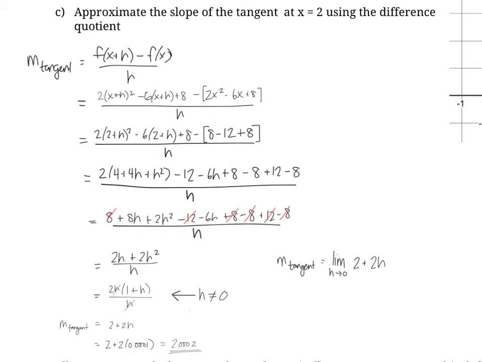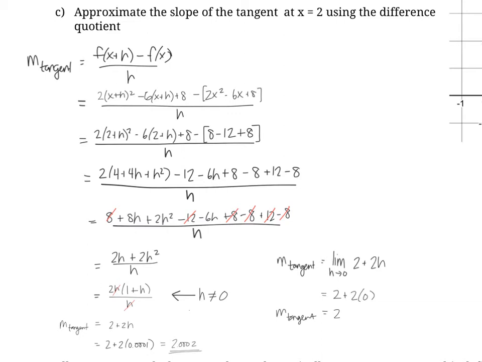So essentially we're going to trick the math a little bit, and say h is going to be very, very close to 0. It's not going to be 0, but so close that essentially we can make it 0. So we evaluate this: the limit as h approaches 0 is equal to 2 plus 2 times 0, which just equals 2. So most accurately, the slope of the tangent at x equals 2 is equal to 2.